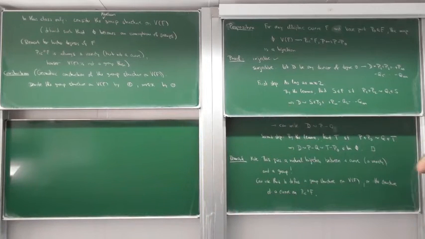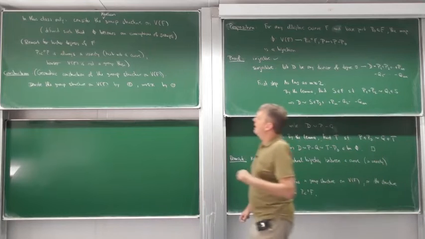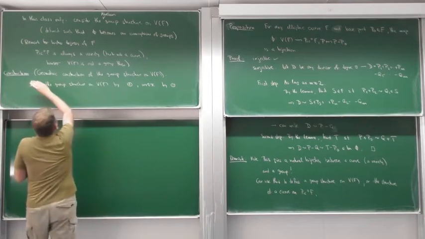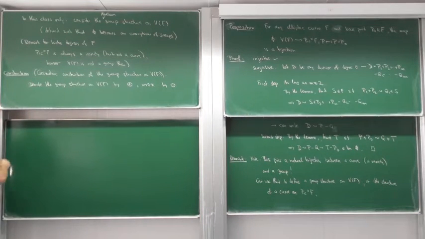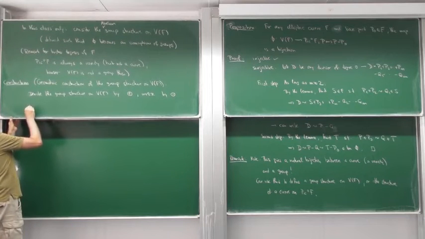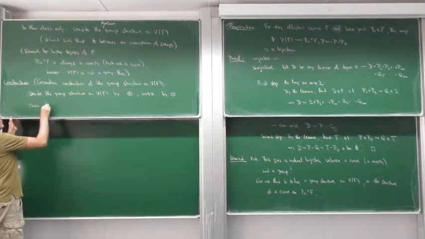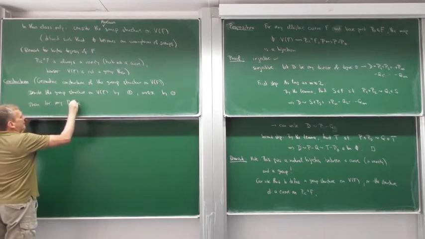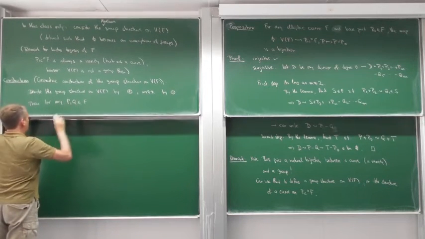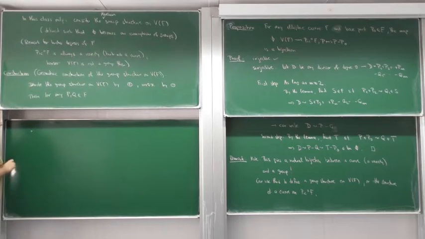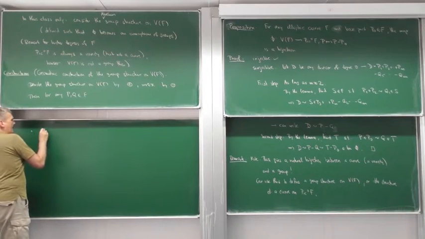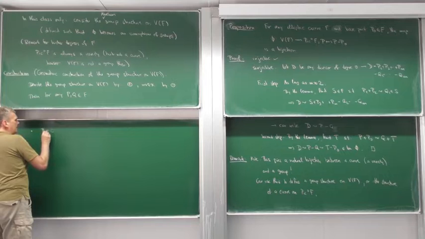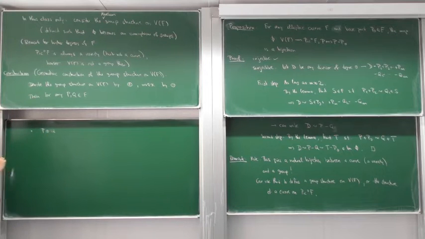So then we can actually give an explicit construction that tells us what the sum of 2 points is. And that works as follows. We can compute this just from the requirement that this phi is an isomorphism. So for any P and Q in V of f, what is P plus Q in the group structure on the curve?